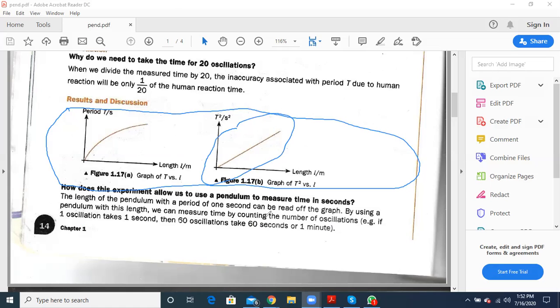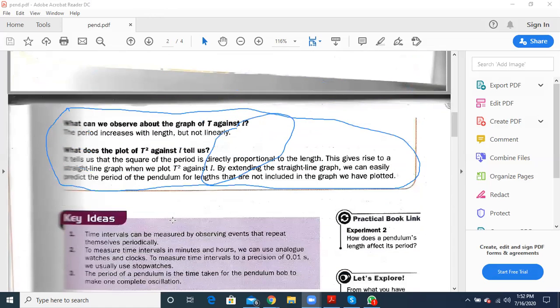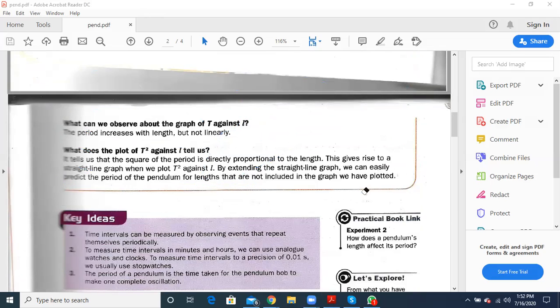Now we will read the second part. Falia, continue. What does the plot of T square against L tell us? It tells us that the square of the period is directly proportional to the length. What did I tell you?